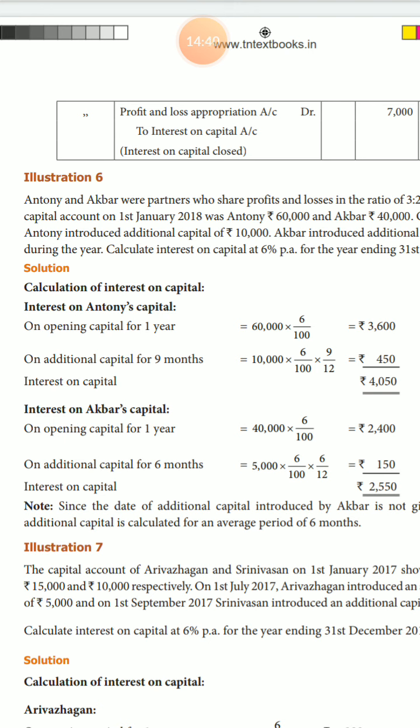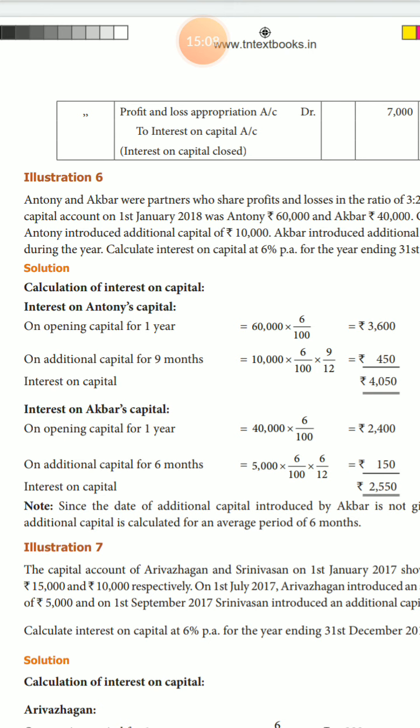Okay, listen students, opening in January means closing in December. If additional capital is in another month, you calculate from that month. If January is opening and closing is December, and additional is April, then April, May, June, July, August, September, October, November, December, that is 9 months calculated only.